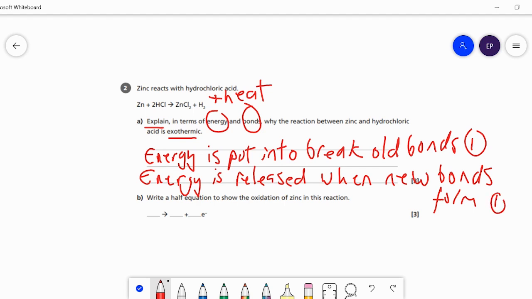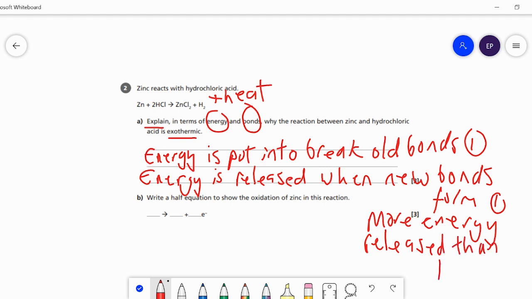Now, the reaction overall is exothermic. It gives out heat energy. So that shows us that more energy is released when the new bonds formed than was taken in to break the old bonds. So more energy released than taken in.